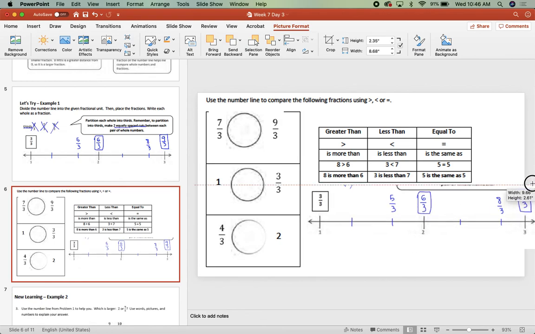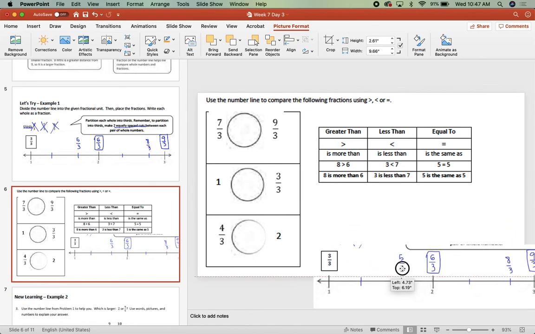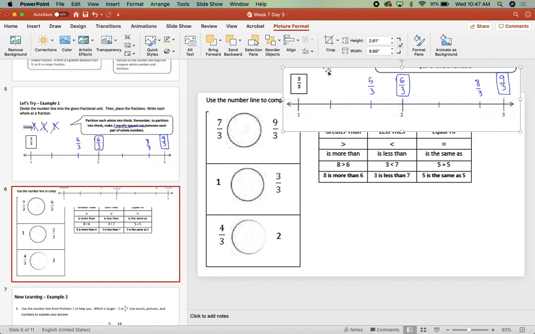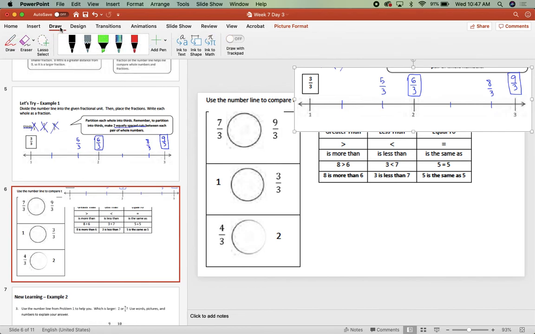They put a helpful little chart in your packet. I have it here too, reminding us greater than, less than, and equal to, and what that all means. So we've got our number line here, we've got our number line here. They want to know 7/3 and 9/3. I know that 9/3 is equivalent to 3 wholes.